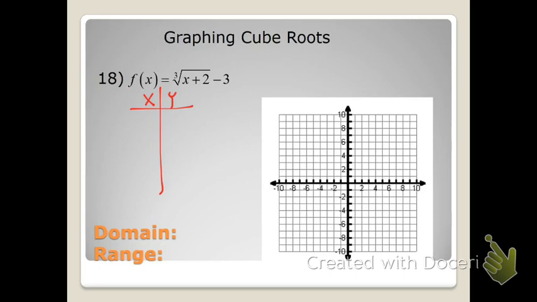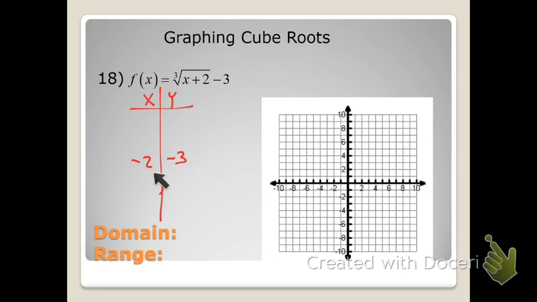Okay? All right. Now, how has it been shifted, Michael? To the left 2. Down. Put that in the middle. Negative 2, negative 3. You put that in the middle, just like we put the 0, 0 in the middle.